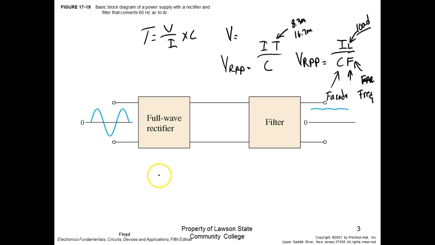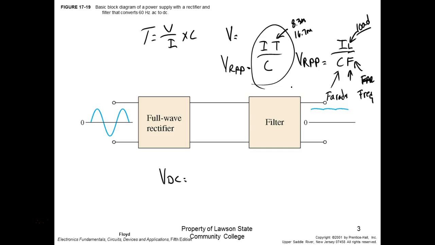So what would be the volts DC? No, that would be this formula right here. Here you'd have to know the period. Now, for 60 cycles, we got that down.